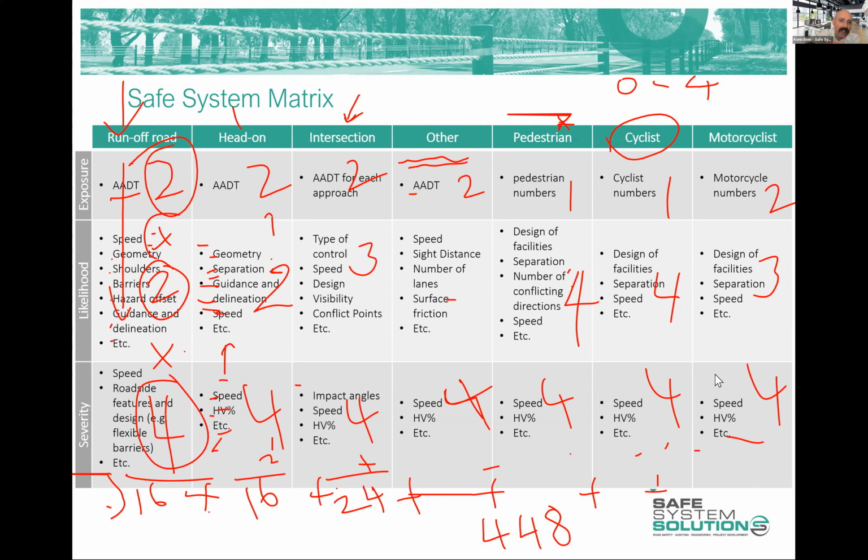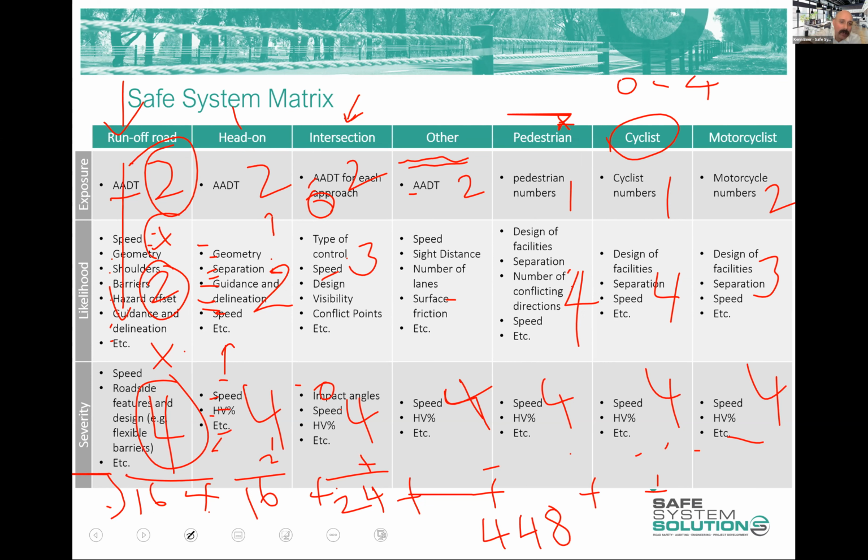So if you can say that, for example, there is a 0 for exposure to intersection crashes, it doesn't matter what the likelihood is or the severity, anything multiplied by 0 is 0, right? Same if you could put a 0 in severity of intersection crash. So you've got speed way down. You've done all these features to bring speeds down. You don't actually care how many are exposed to it and what the likelihood of crash is, because any crash that happens is not going to result in death or serious injury.